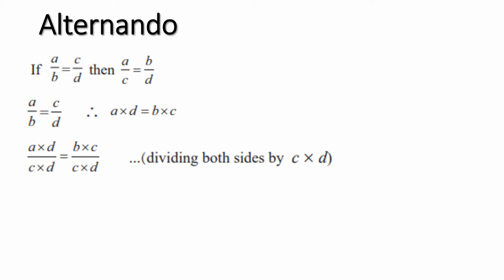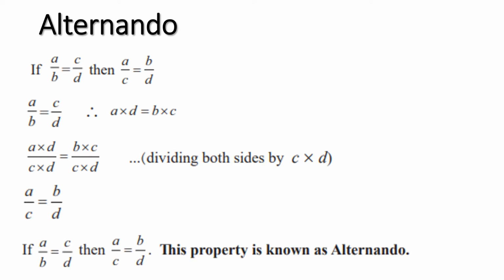Because to the denominator we want C and D. So it means that here DD will get cancelled and here CC will get cancelled. So what is the remaining thing? That is A upon C is equal to B upon D. So if A upon B is equal to C upon D, then A upon C is equal to B upon D. This property is known as alternando.